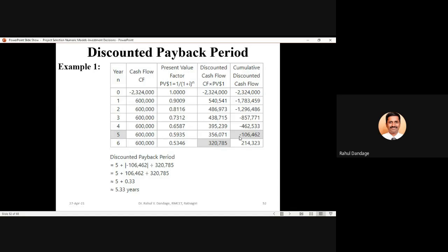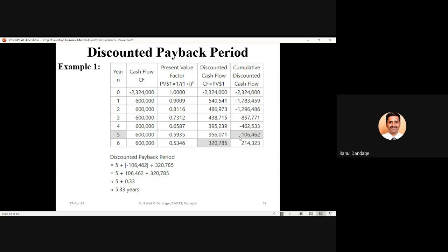So we should take this period 5 as our A, the negative cumulative discounted cash flow as the value for B, and the discounted cash flow for the next period under consideration, that is period 6, as the value for C.